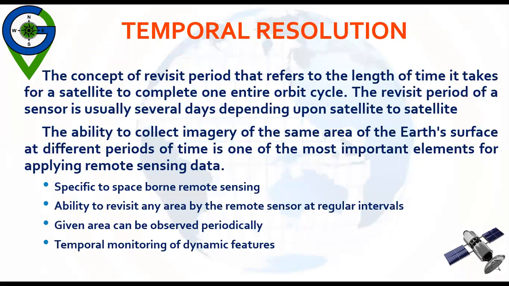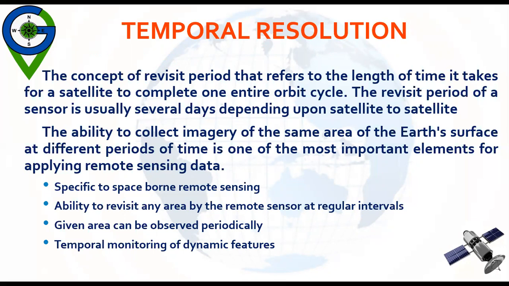Then the last resolution of a satellite is the temporal resolution. Temporal resolution is the concept of revisit period that refers to the length of time it takes for a satellite to complete one entire orbit cycle. So in how many days the same satellite is going to visit a particular area.